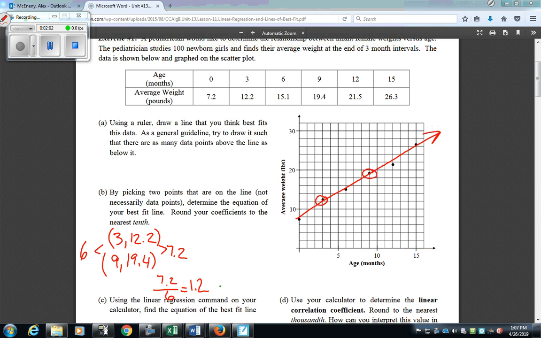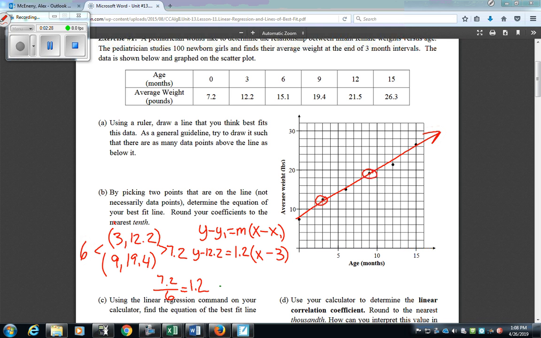The next part I'm going to do is take the equation of a line we discussed in Unit 3. Well, I now have a slope of 1.2, and I'm going to use one of my data points. I'm going to use the first one, 3 and 12.2. So I plugged in my slope, and I plugged in my x and y values.